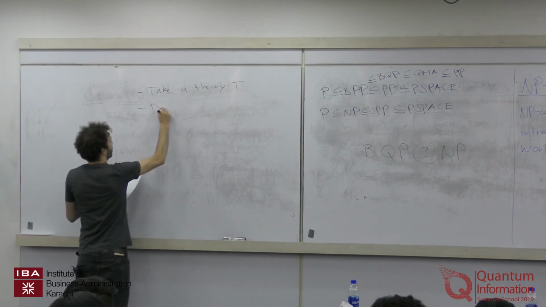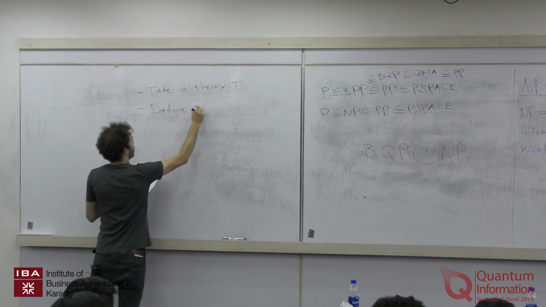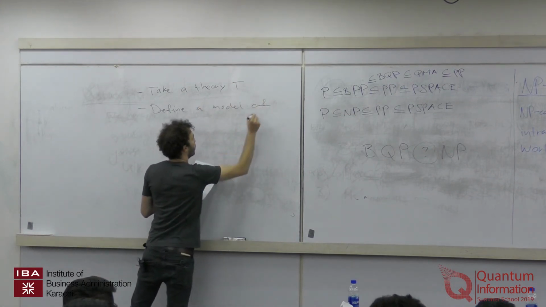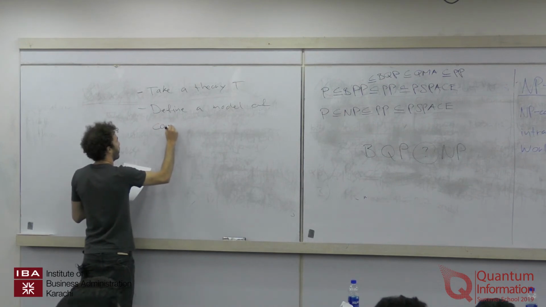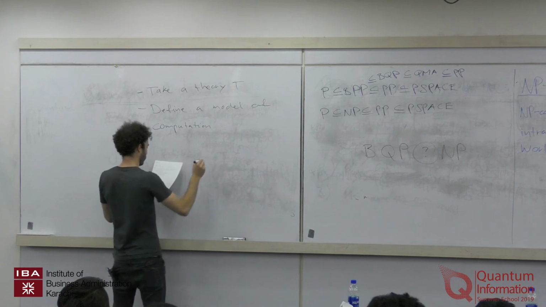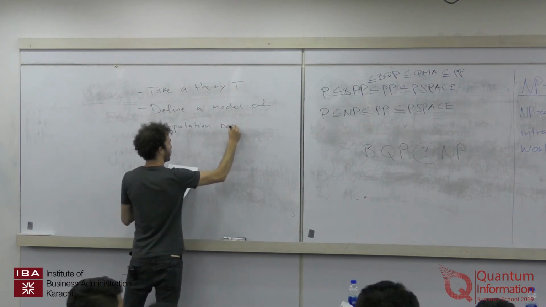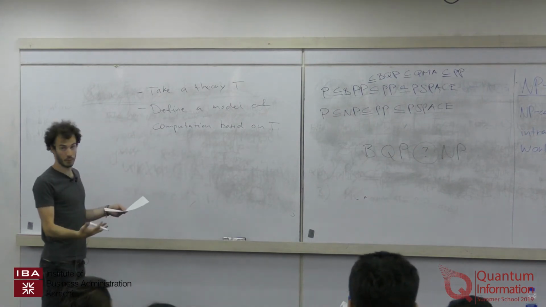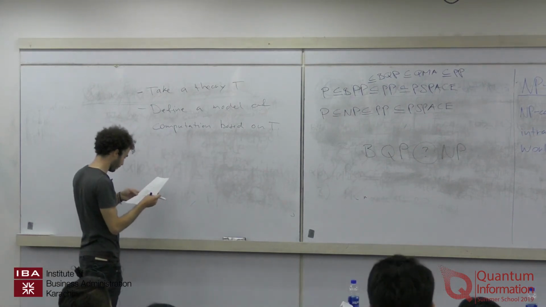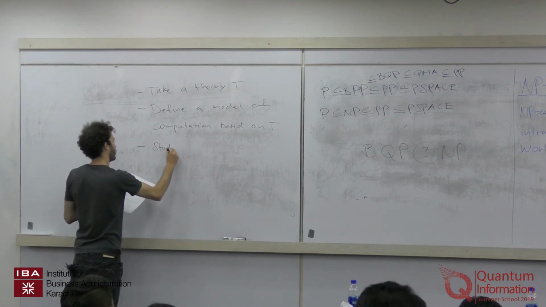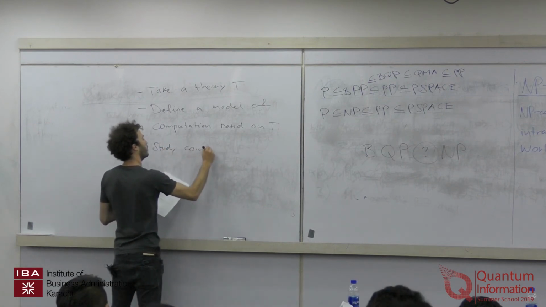Then we define a model of computation based on T. This means we build a computer with that theory, and then we study its computational power.